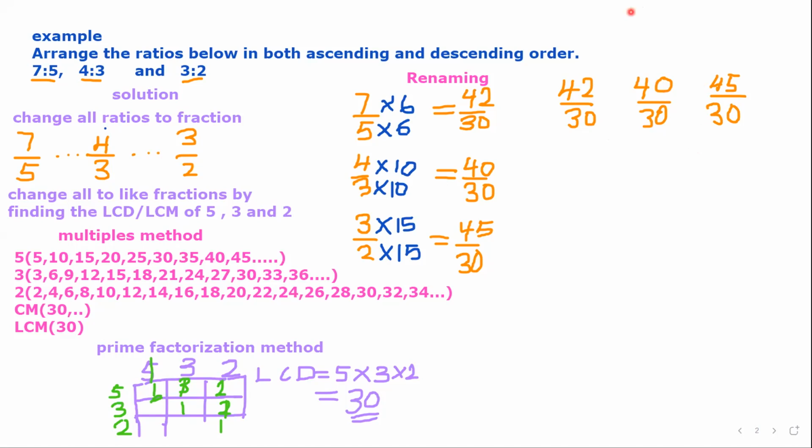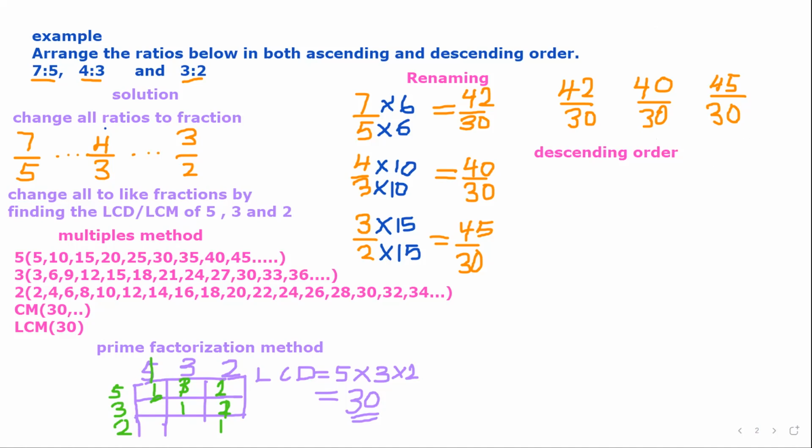Okay, good. So when you are asked to arrange in descending order, because we have 42, 40, and 45, the 45 out of 30 will count first. So let me write here, descending order. So from the biggest to the lowest.